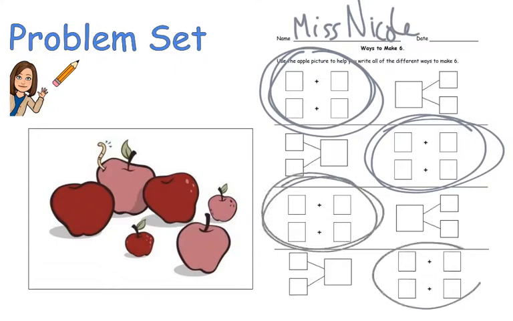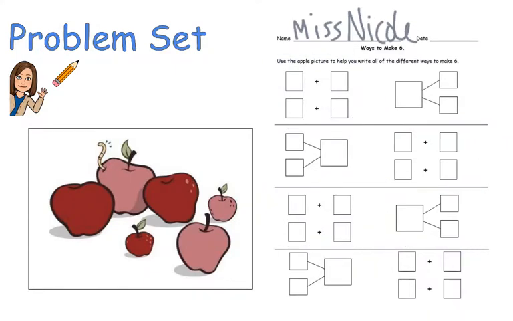See how they have the same boxes as we just did? Alright, so let's start by looking. I'm noticing that there's some really big apples and some really tiny apples here. So let's start with that, okay?